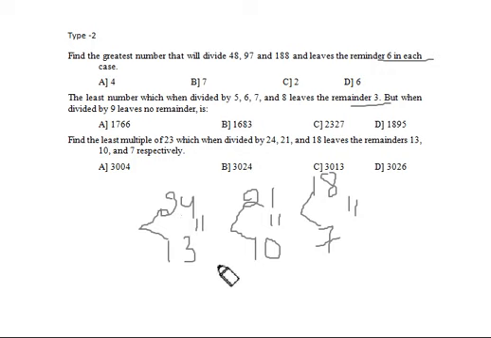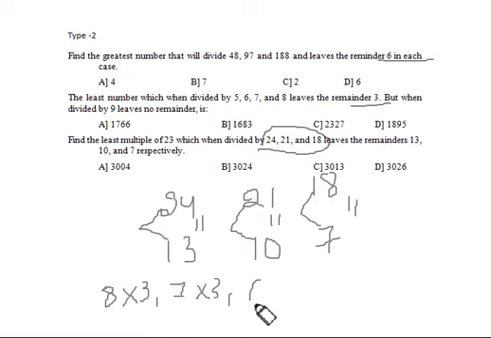Now why I was solving this I'll tell. First of all, find out the LCM of these three numbers. Okay, we'll find the LCM. So 24, 21 and 18, I can write 24 as 8 into 3, 21 as 7 into 3 and 18 as 6 into 3.